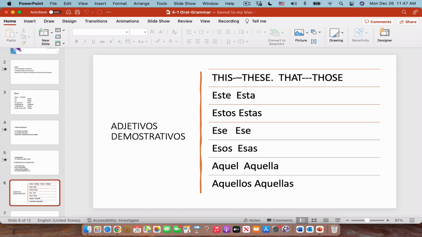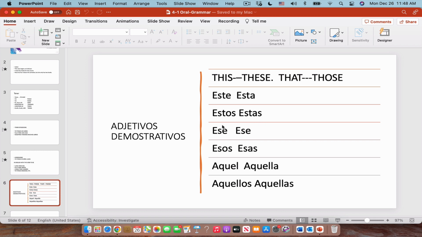It has to be masculine because book is masculine. Esta mesa, you're saying is close to me, but it's also feminine because mesa is feminine. If instead of book is books, more than one, so you say estos libros. And if it's feminine, you say estas mesas. So this group here, masculine, feminine, singular, and plural, will be used for something that is close to us.